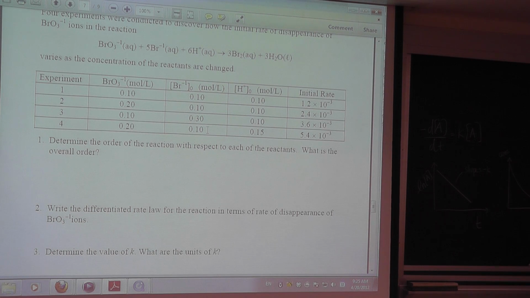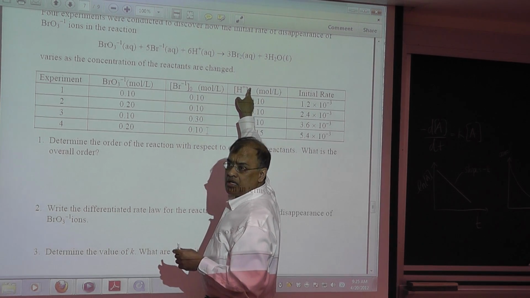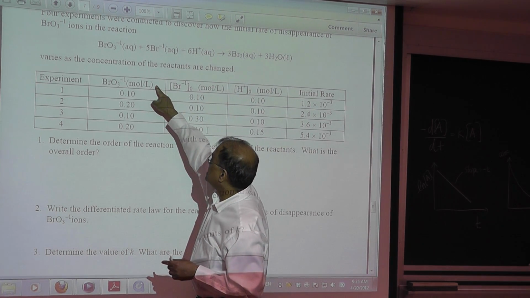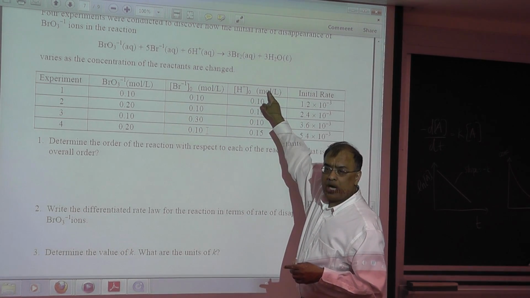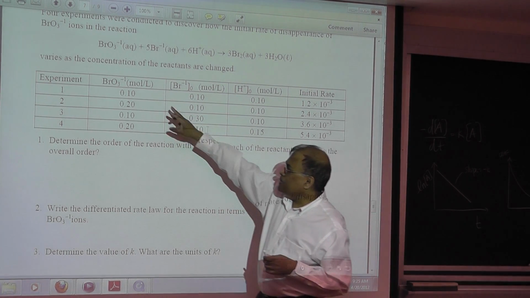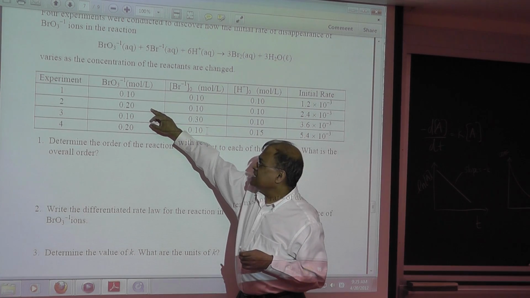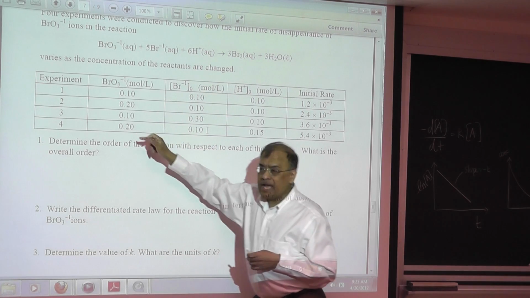So let's see, how do you determine the rate with respect to the bromate ion? I'm going to say that this is A, this is B, and this is C. So the exponent here is X, exponent here is Y, and the exponent here is Z. So I'm trying to figure out what X is. I look at experiment 1 and 2, and I see that when I double the bromate concentration, what happens to the rate?